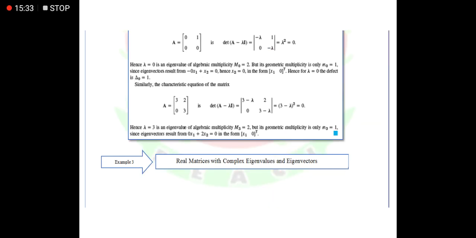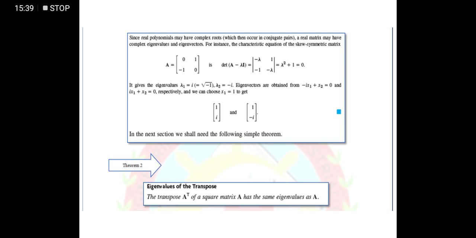Okay? So, yun. So, example number 3, real matrices with complex eigenvalues and eigenvectors. So, parehas lang siya sa example number 1, no? But the difference is that dito, yung eigenvalues natin at saka eigenvectors natin is a complex number. Okay, what do you mean by complex number?